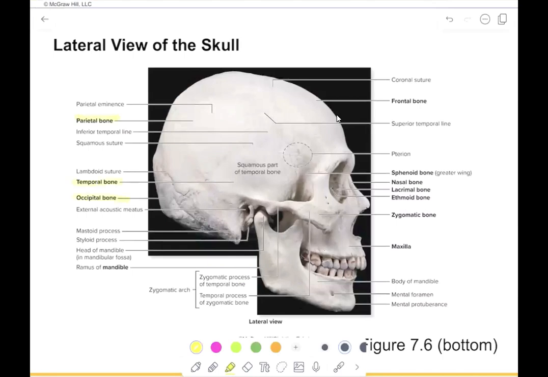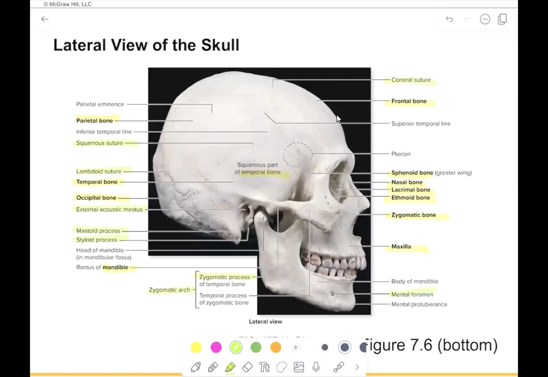Parietal bone, temporal bone, occipital bone, mandible, temporal bone, the frontal bone, sphenoid bone, nasal, lacrimal, ethmoid, zygomatic, maxilla, and regions that you should know include the sutures, the external acoustic meatus, mastoid process, styloid process, zygomatic process, which is part of the zygomatic arch, mental foramen as well, and the coronal suture.